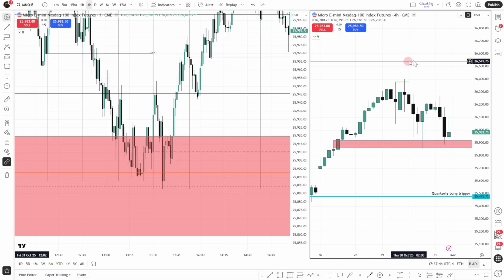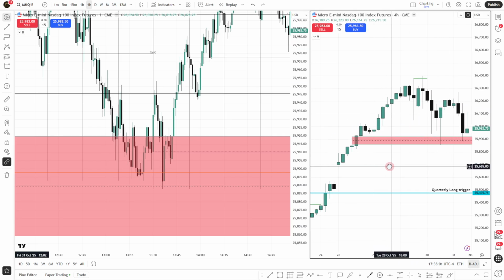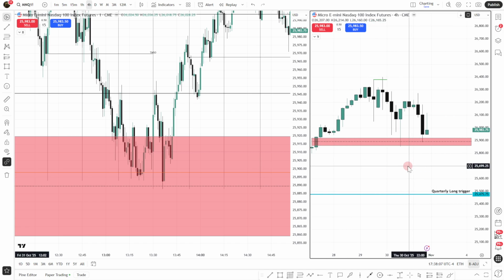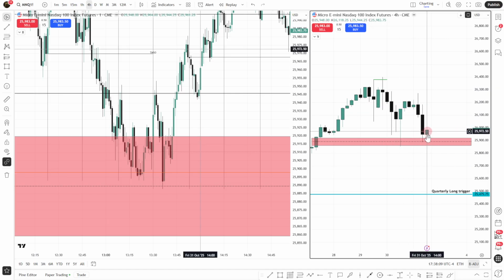We'll just take this off for a second. Notice how this low though is an up close candle. Okay, up close candle. Like I'm looking for this to get ran.